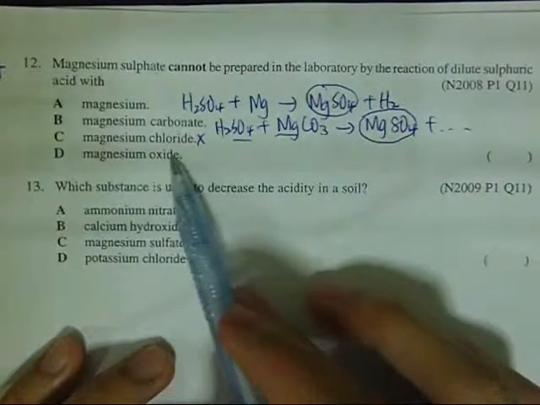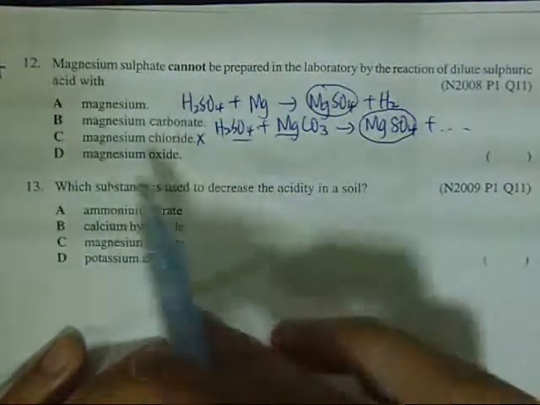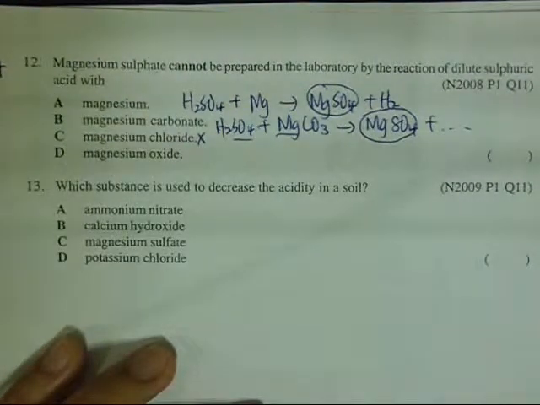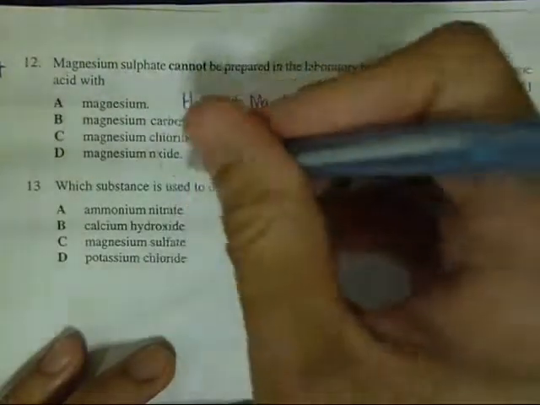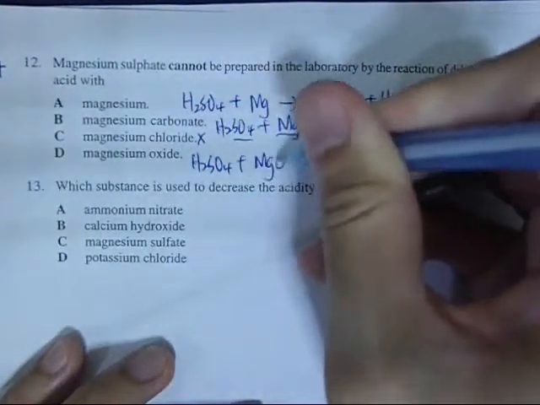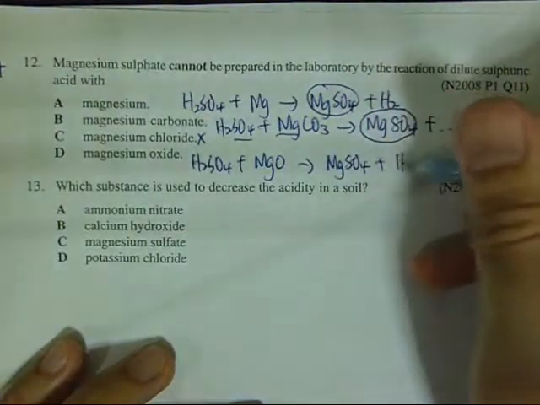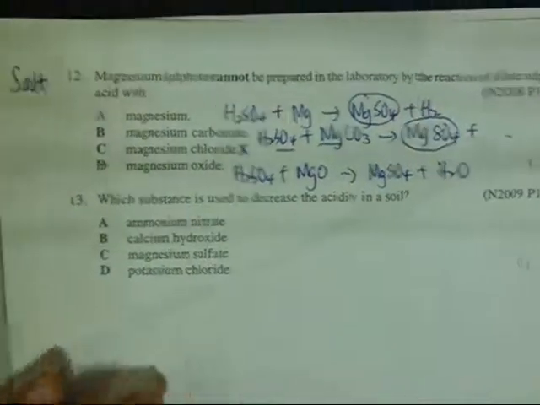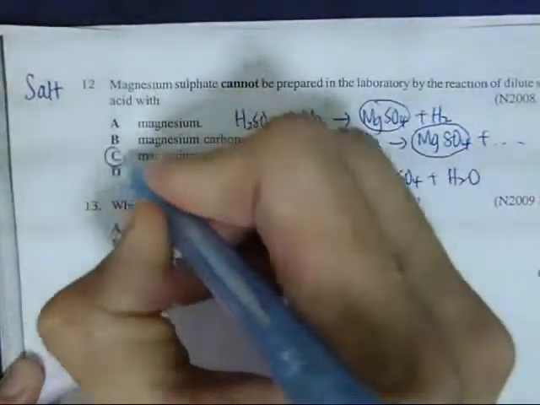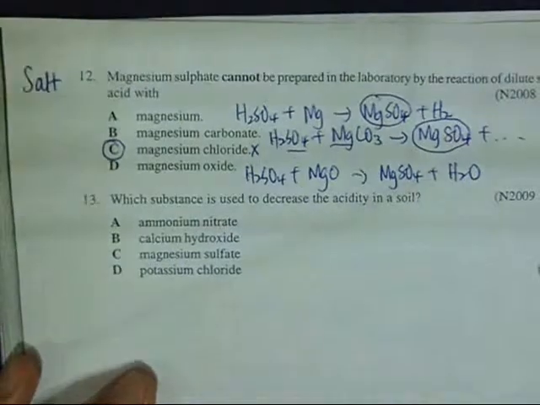How about magnesium oxide? Yes, oxide and acid, base and acid, or alkali and acid, you get salt and water. So H2SO4 plus MgO gives MgSO4 plus water. So the answer is C, cannot be prepared.